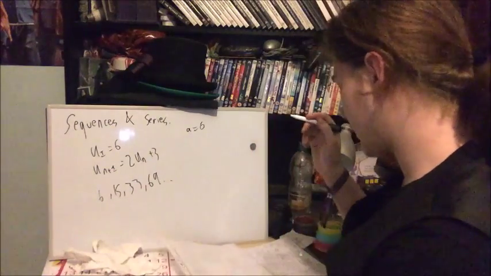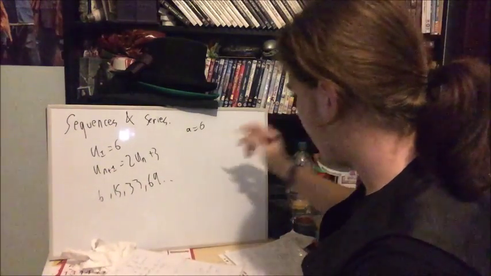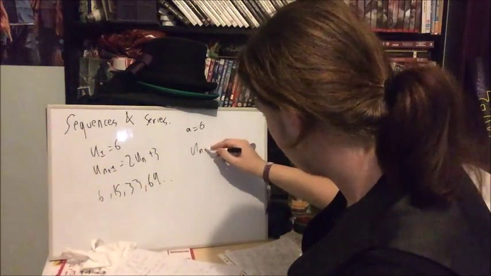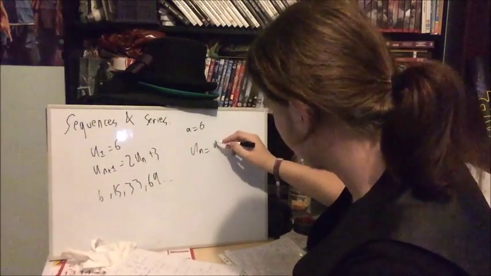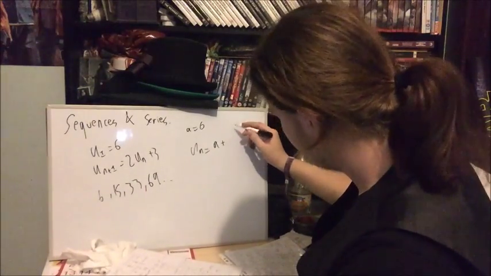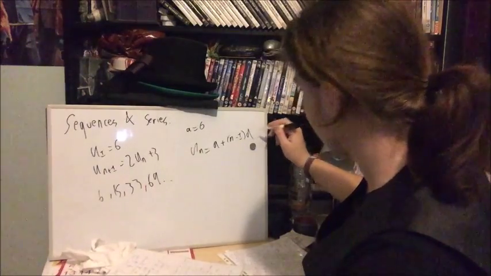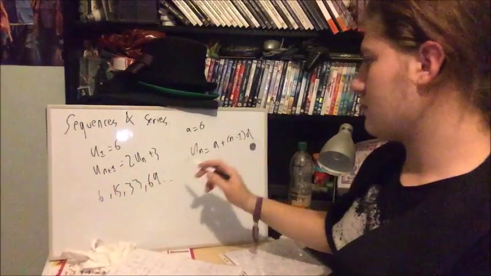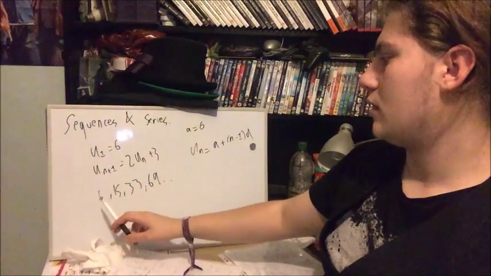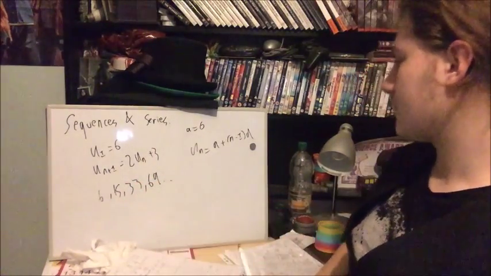Arithmetic series, where basically un is equal to a, that's the first term, plus n minus 1 d. d meaning the difference between each of these numbers.